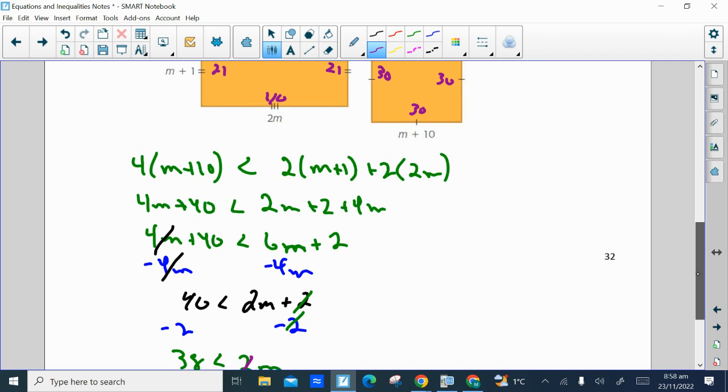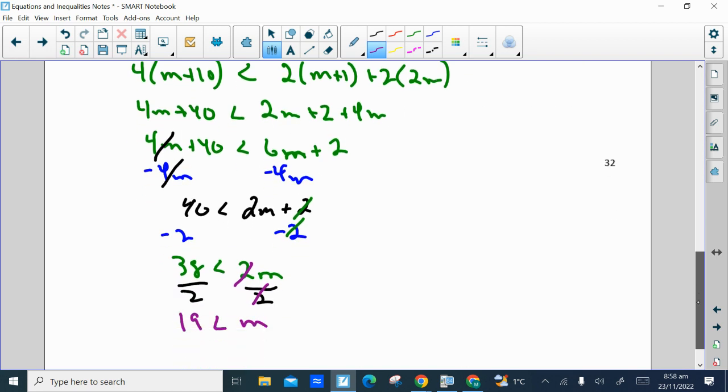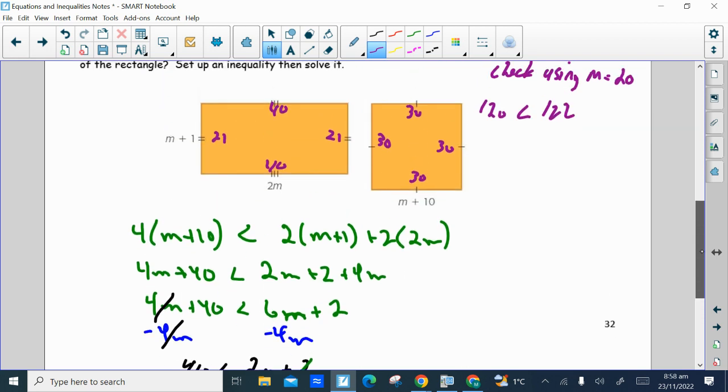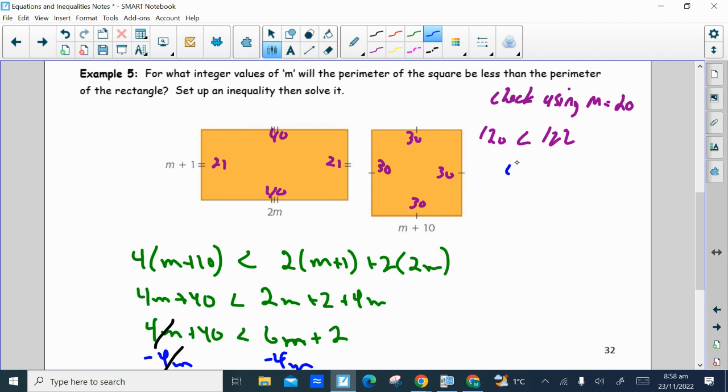And so that works. So we said that m has to be greater than 19. If we chose something less than 19, let's check using 18. If m is 18, 18 plus 10 is 28. So all 4 sides would be 28. 28 and 28 is 56. And there's 2 of them, which is 112.